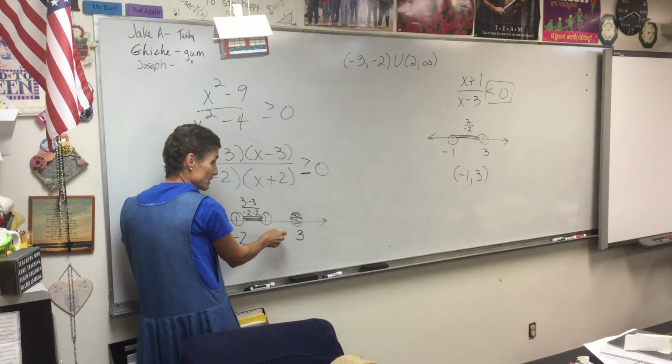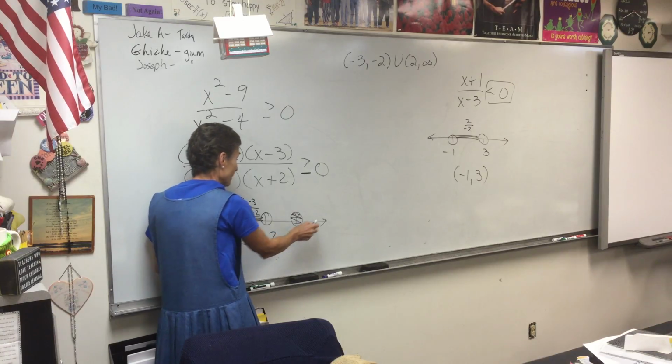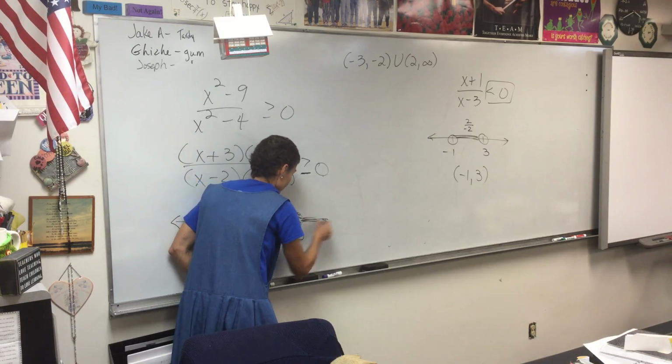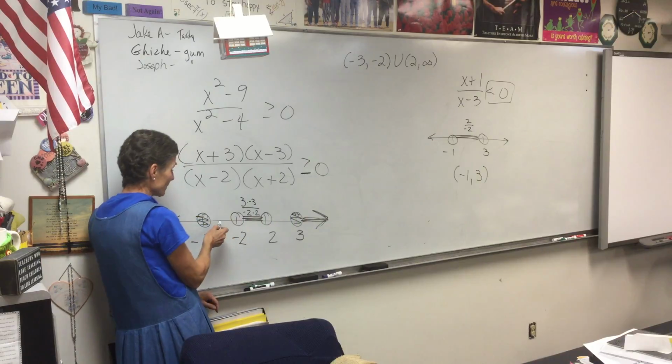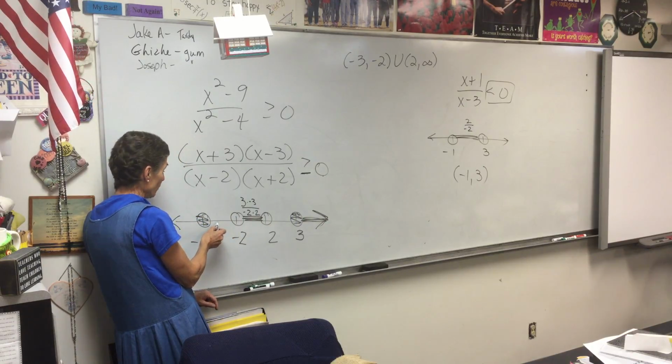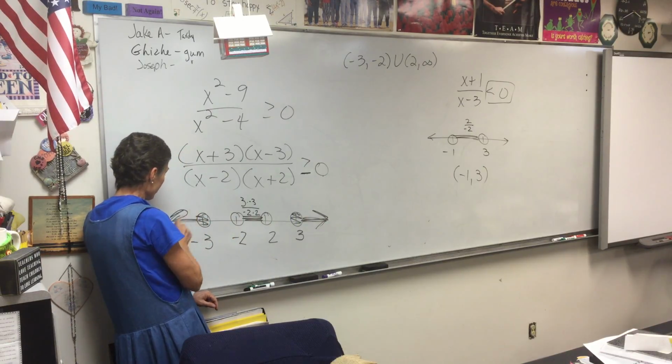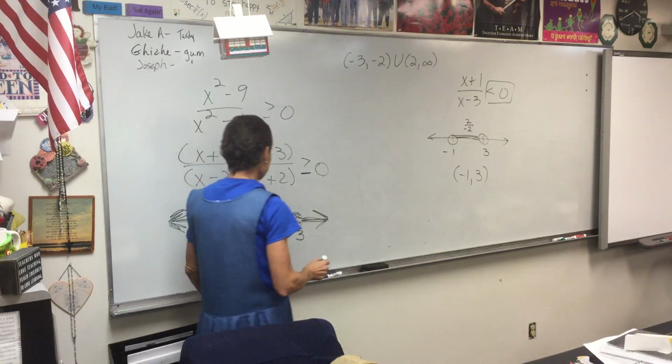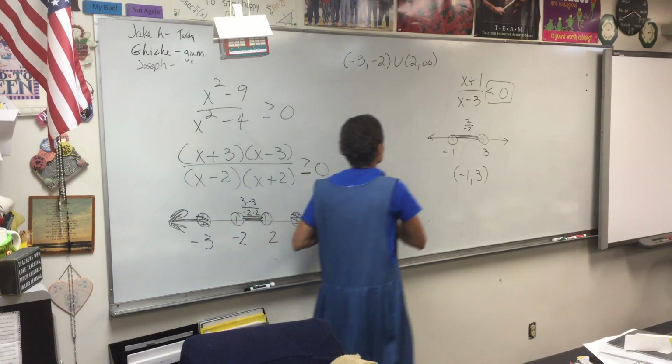Which means, what about this one? Nope. How about this one? Yep. Other direction. What about this one? Nope. What about this one? Yep. So my answer is kind of this.